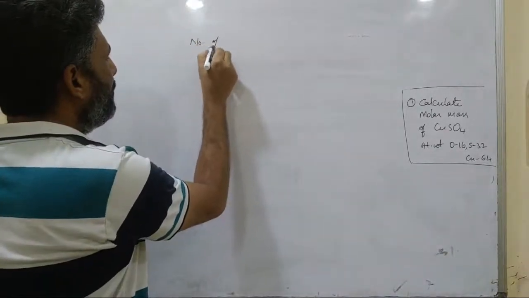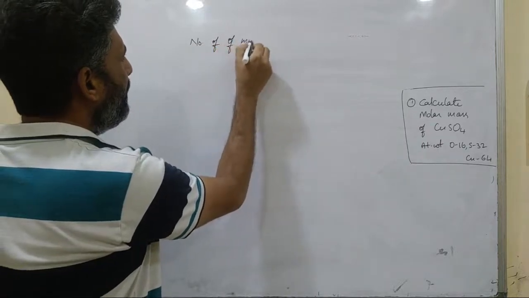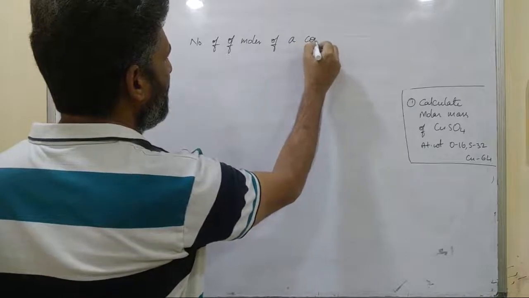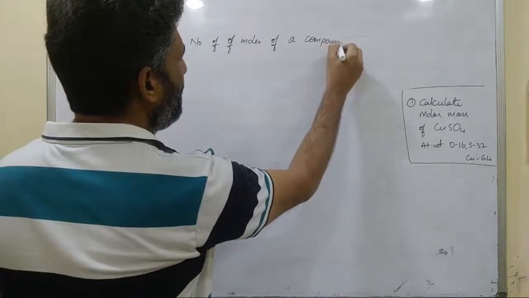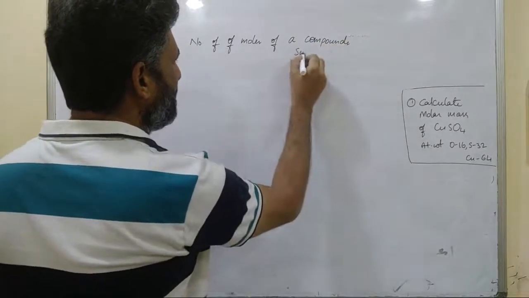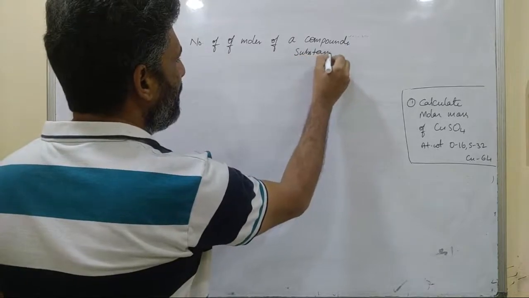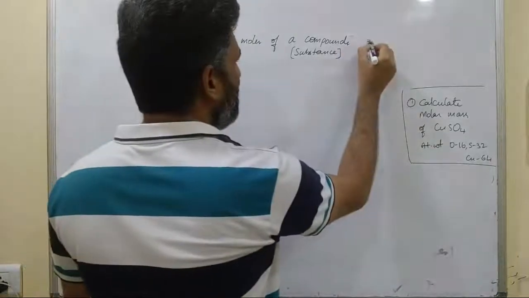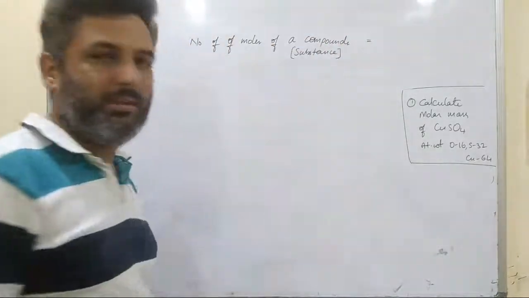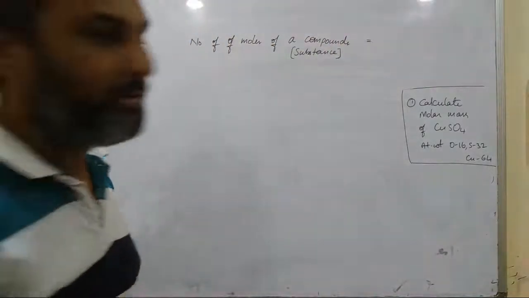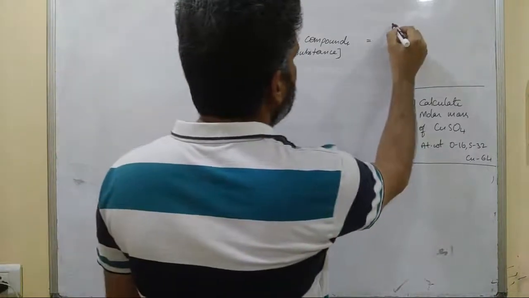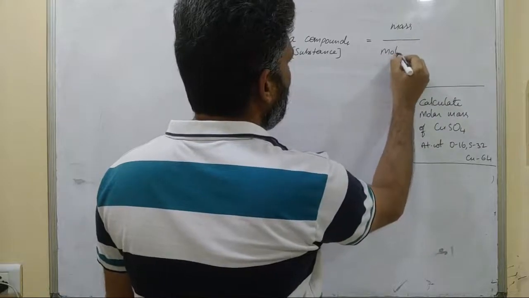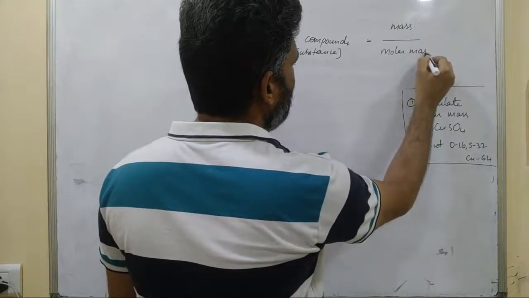Number of moles of a compound or a substance, we use this formula to find the number of moles of a substance: the given mass by molar mass of that substance.